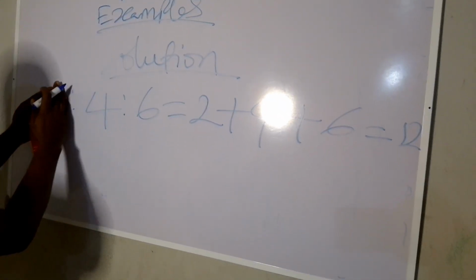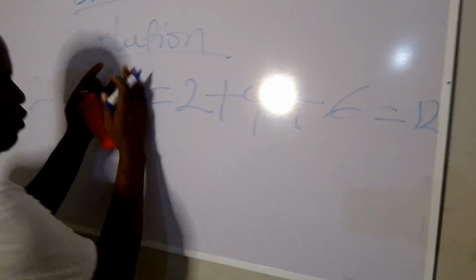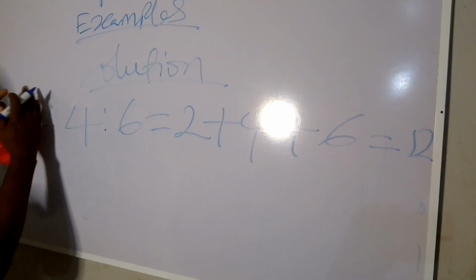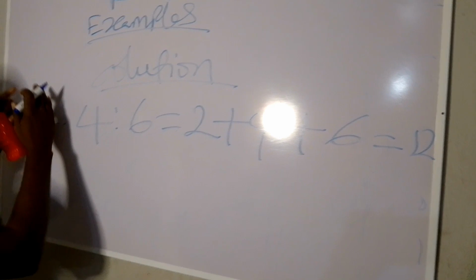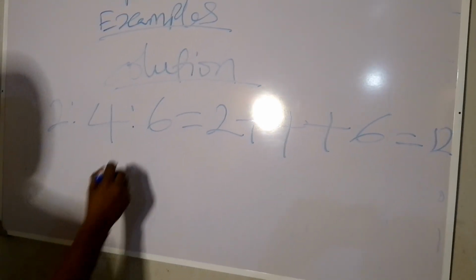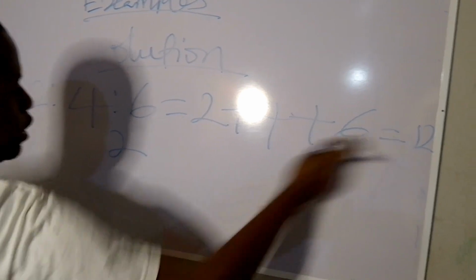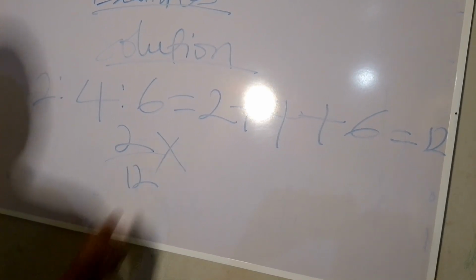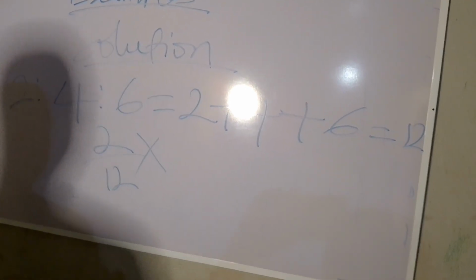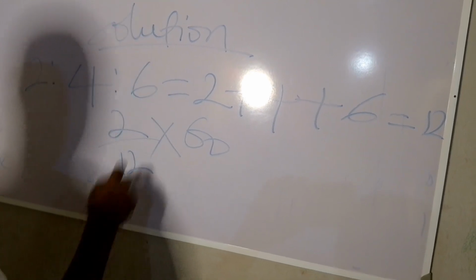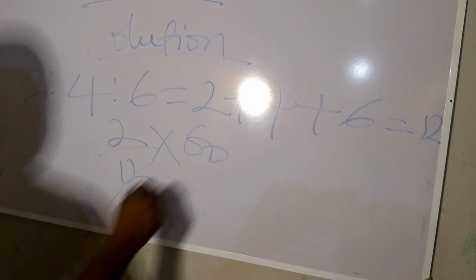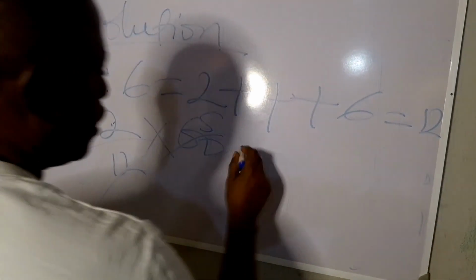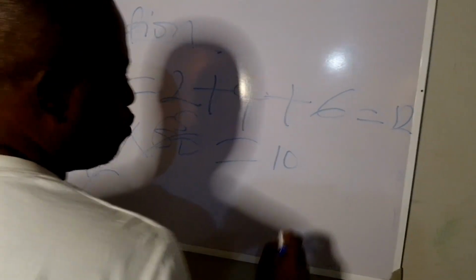This is the ratio of the first student, this is the ratio of the second student, this is the ratio of the third student. In order to get the number of mangoes the first student will get, you bring its ratio, divide it by the total sum, which is 12, times the number of mangoes they were given, which is 60. 12 into 60 is 5. 5 times this 2 becomes 10. So the first student will get 10 mangoes.